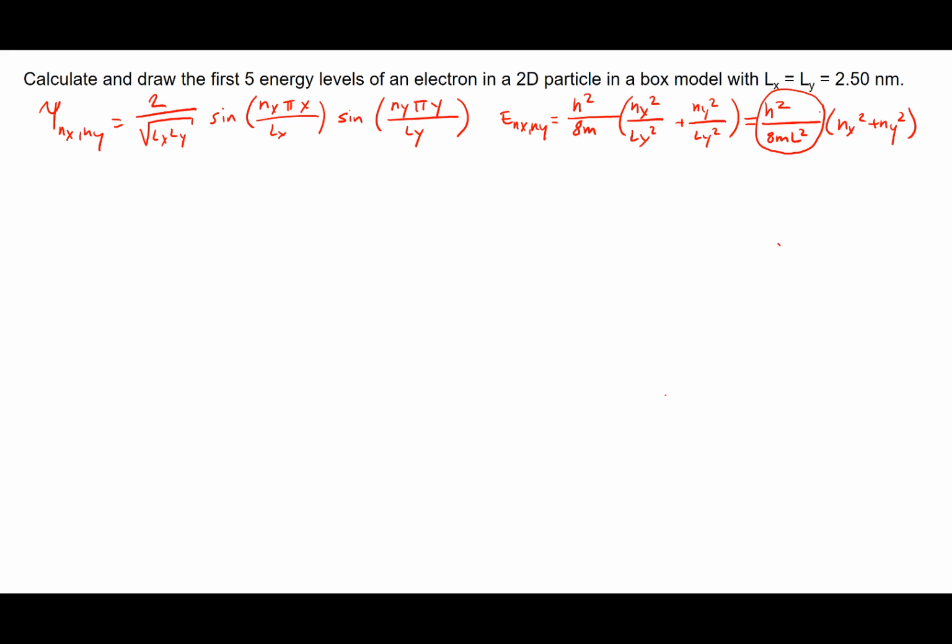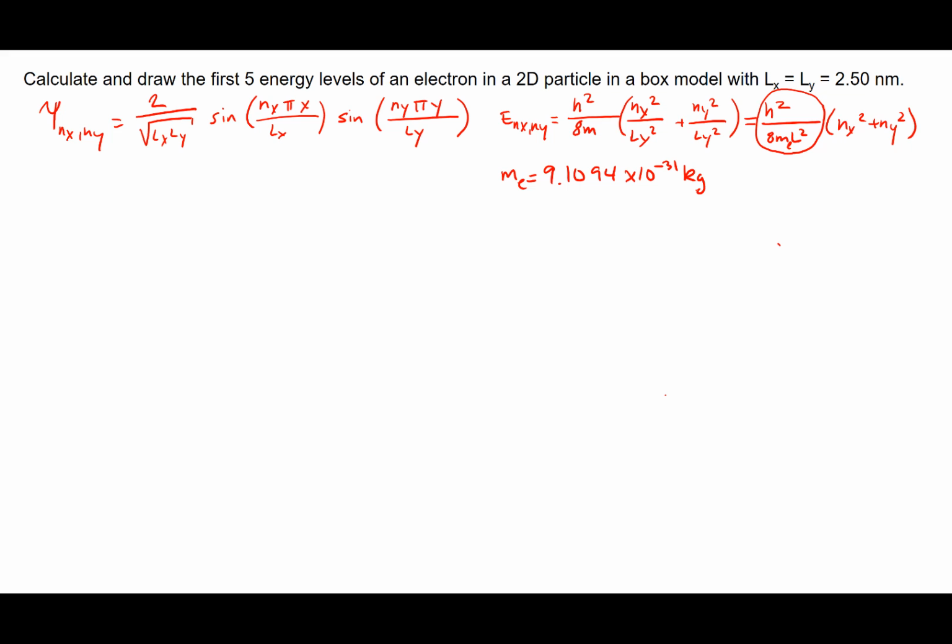One important thing to do is write out what our constants are as well. In this case we're doing an electron, so the m is going to be the mass of an electron, 9.1094 times 10 to the negative 31 kilograms. An important thing, again, is that the units have to be in kilograms, because otherwise it's not going to cancel out with Planck's constant.